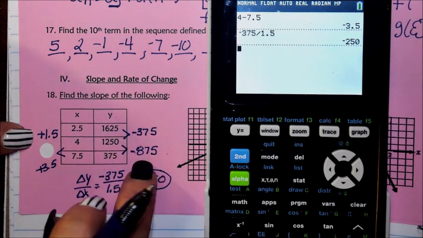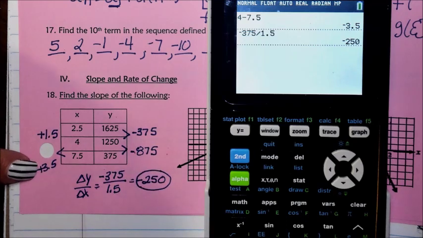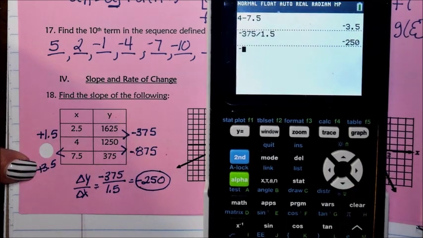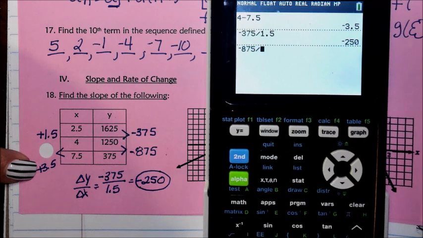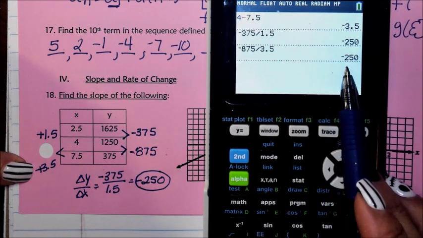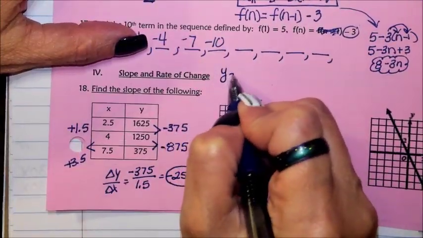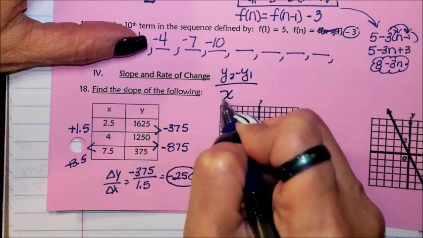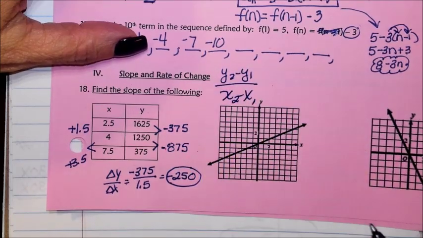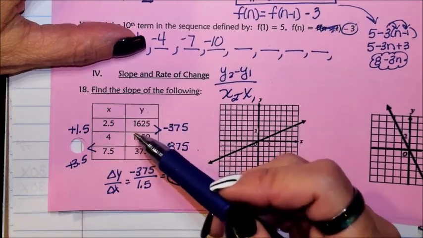I'm going to check, because it's a table, I want to check both. We'll do negative 875 divided by 3.5. If it's the rate of change, I should get 250 again, and I do. So my rate of change is nothing more than slope. Could you have done y2 minus y1 over x2 minus x1? Absolutely. You could have done that here.